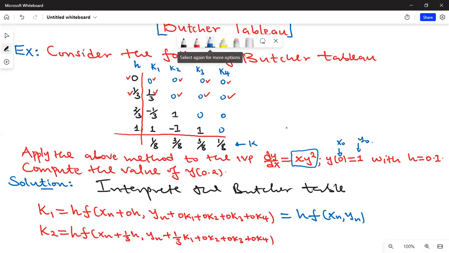If you simplify this, you get h f(xn + h/3, yn + k1/3).